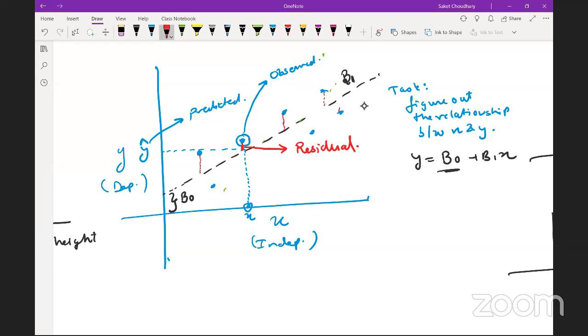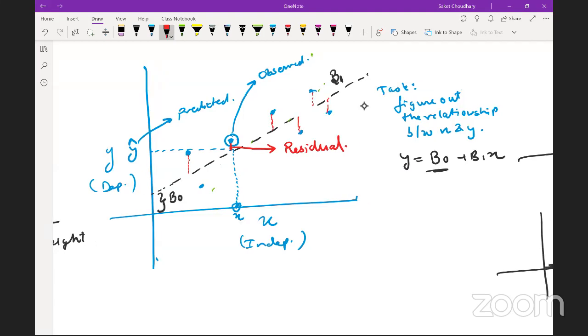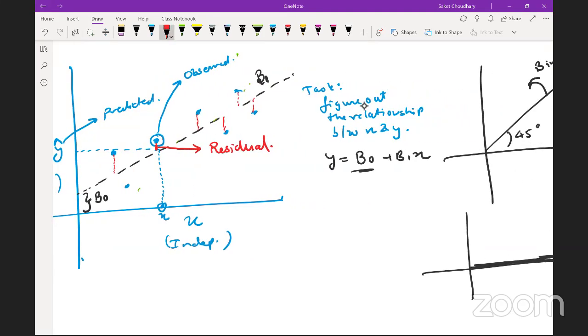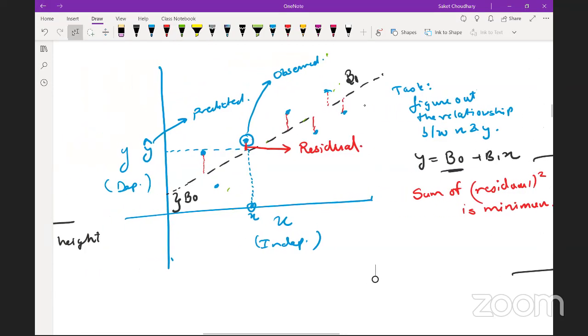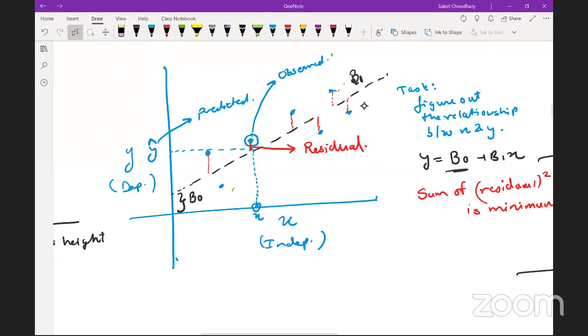The other constraint that I'm putting when I fit this model is to say that the sum of residual squares is minimum. So in some sense, I'm taking the most constrained approach. I'm fitting a very simple model, which happens to be this line. And the way I'm fitting this is by saying that the difference between the predicted values and what I observe, which is this and this, is minimized.